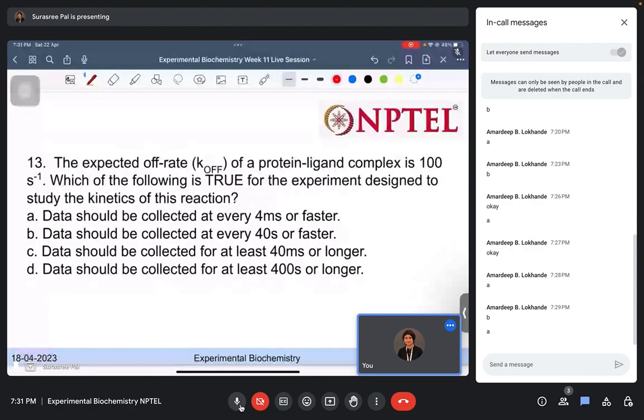Next question. What is the relationship between tau and k off?